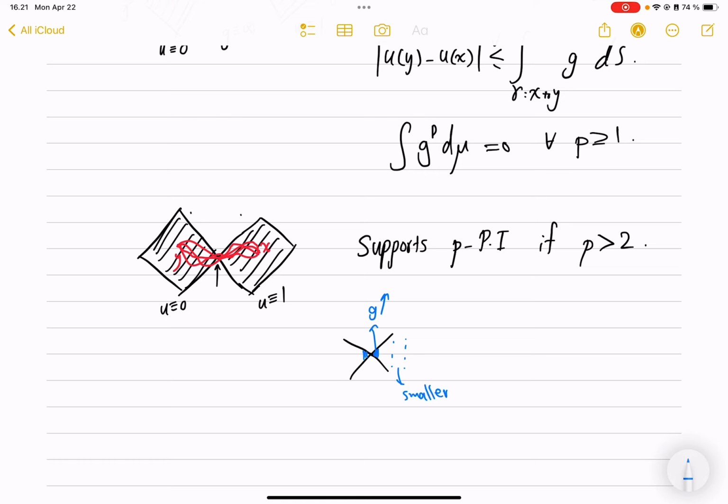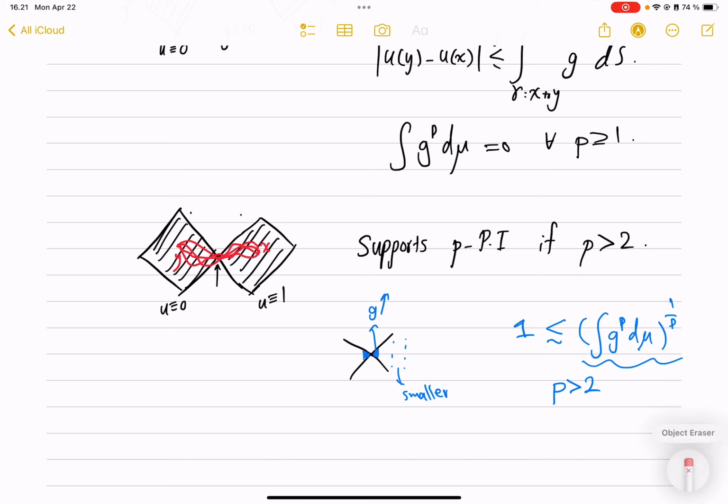So to have the integral of g to the p d mu, to the 1 over p, be comparable to this side, which is, say, 1, despite the fact that g is only concentrated very near here, it turns out that we need at least p bigger than 2. Otherwise, we can drive this to be very small and violate that.